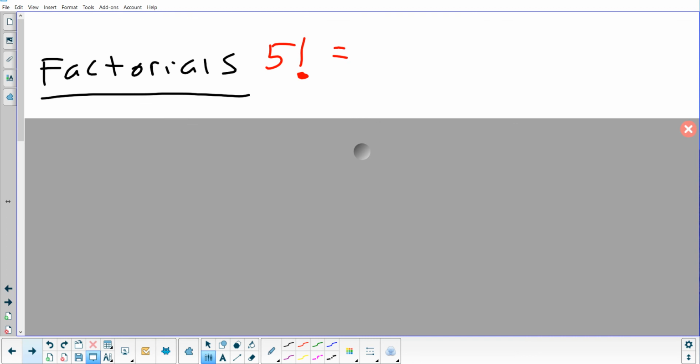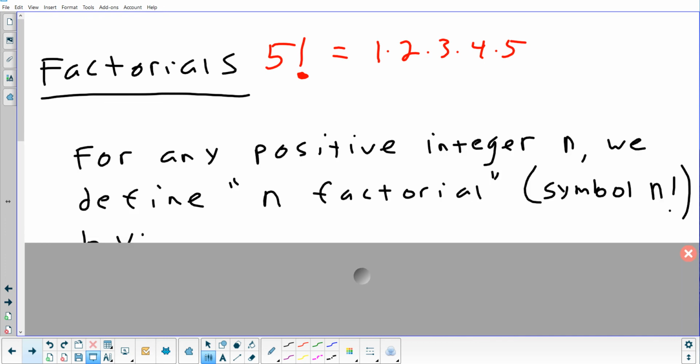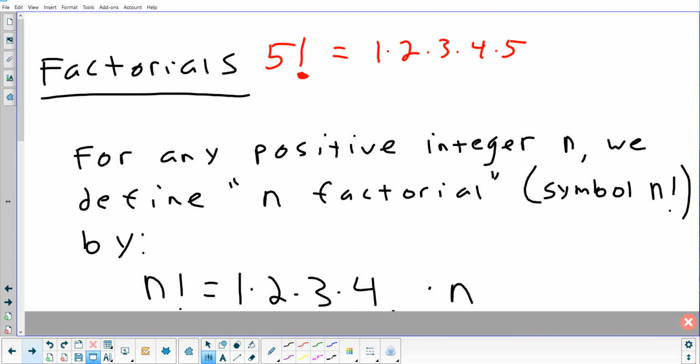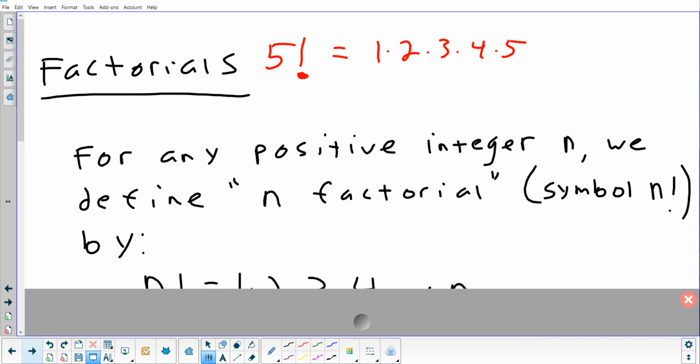So basically what a factorial means, if I write one out, I think you'll understand it very easily. If I asked you to do 5 factorial, it means to do this. You multiply every number from 1 up to that number. So 6 factorial is 1 times 2 times 3 times 4 times 5 times 6. So it's the product of every integer from 1 up to your number. So for any positive integer, n, the symbol for a factorial is this.